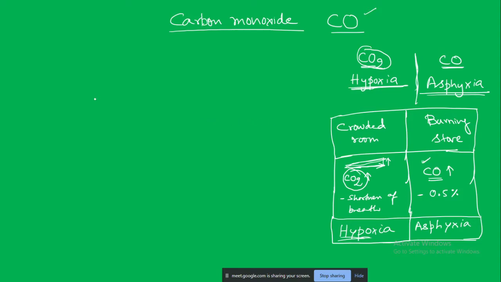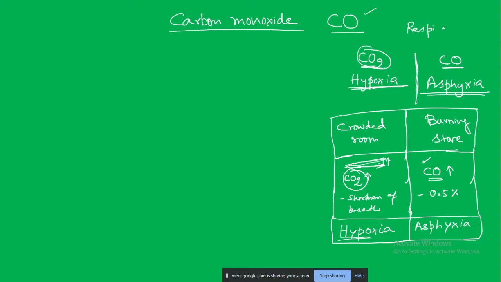Sir, I wanted to ask, suppose in our body there is an insufficient supply of oxygen, then will carbon monoxide get formed inside our body as well? Inside our body the carbon monoxide formation does not take place, because inside our body, respiration is taking place. It is not burning, it is respiration.